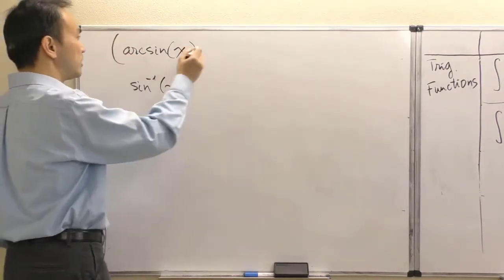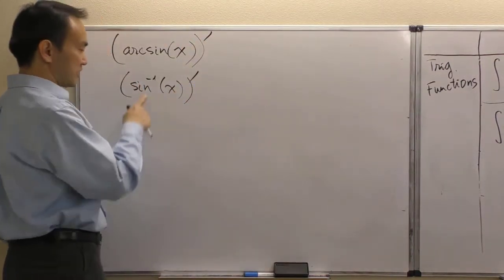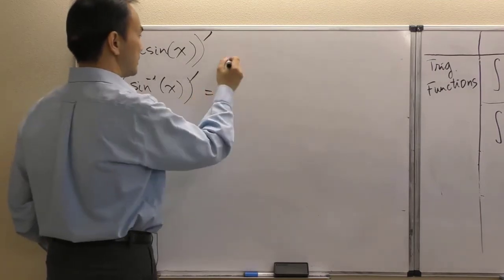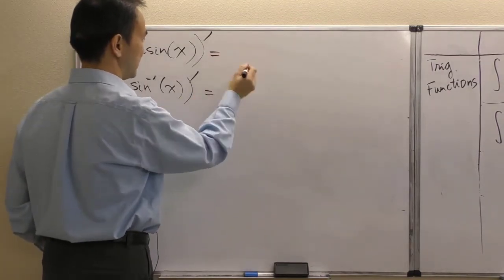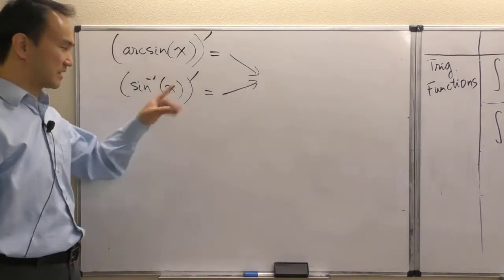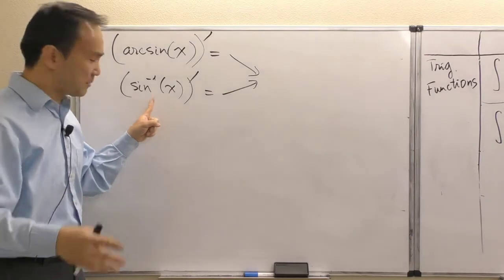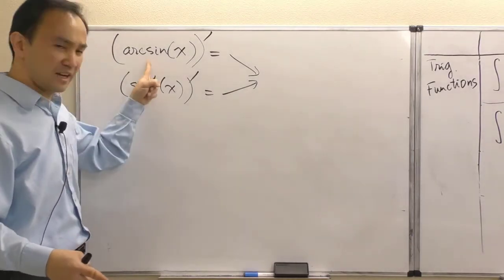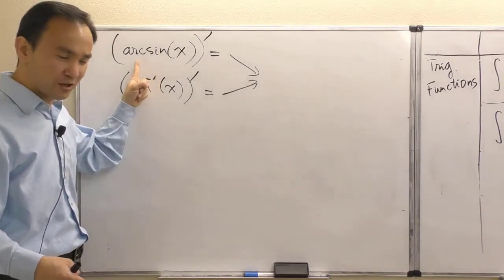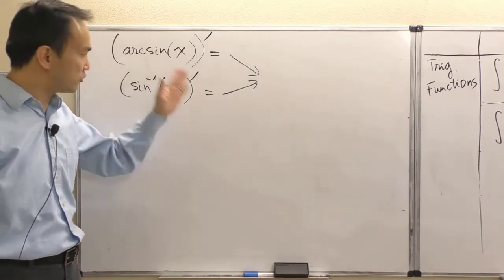So taking the derivative on arcsine of x or taking the derivative on inverse sine of x right here, the answer is, and they both come down to, so allow me to indicate with the two arrows like that, this is the notation that I'm more comfortable with. A lot of textbooks use this too, but I believe there are more textbooks going with this arcsine symbol, so it's for the students to know both.